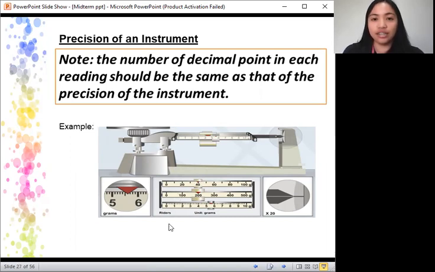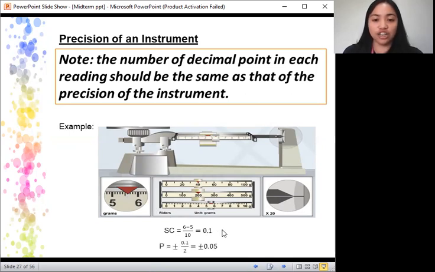So another example, what is the precision of this balance? So again, to get the smallest calibration, take the difference of any two scales. So you can see here, 6 and 5. Okay, so how many divisions are between them? You have 1, 2, 3, 4, 5, 6, 7, 8, 9, 10. So it has 10 divisions. So that is 0.1, your smallest calibration.